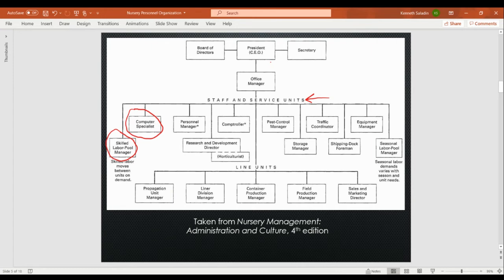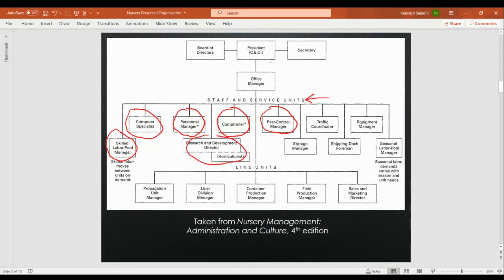Okay, then there's a personnel manager. So this person would be in charge of really all employees. A comptroller would be in charge of the financial business of the nursery. Pest control manager, that's pretty self-explanatory. Some nurseries have their own research and development departments.